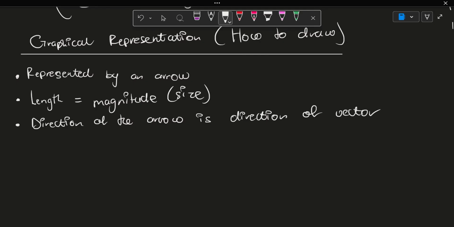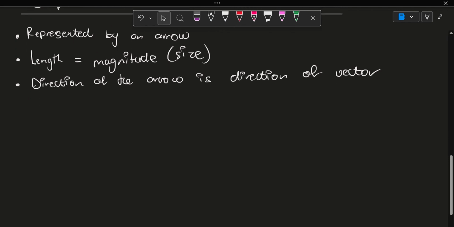Say for example, I need to draw my vector. Remember, it's represented by an arrow. So I would have something like this. That's my arrow. I just like to shade it in. I don't know why, I just have that habit. And we would have our length, which will then be our magnitude.